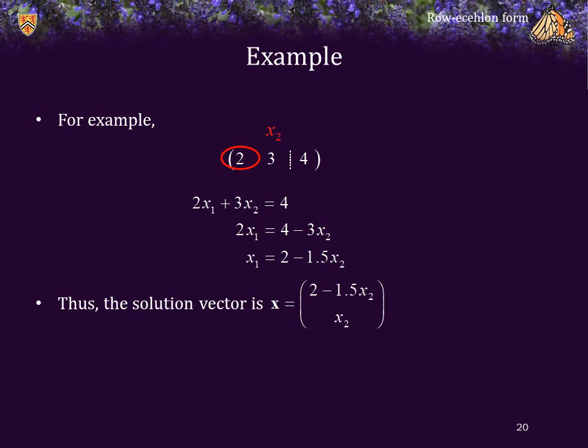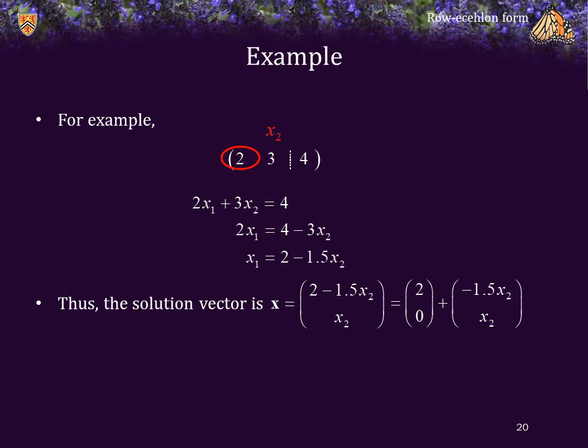All of these are solutions to the linear equation 2x1 plus 3x2 is equal to 4. Now, notice that this vector can be written as the sum of 2 vectors, the one being just the constants, 2 and 0, and the second being those that are multiples of x2.